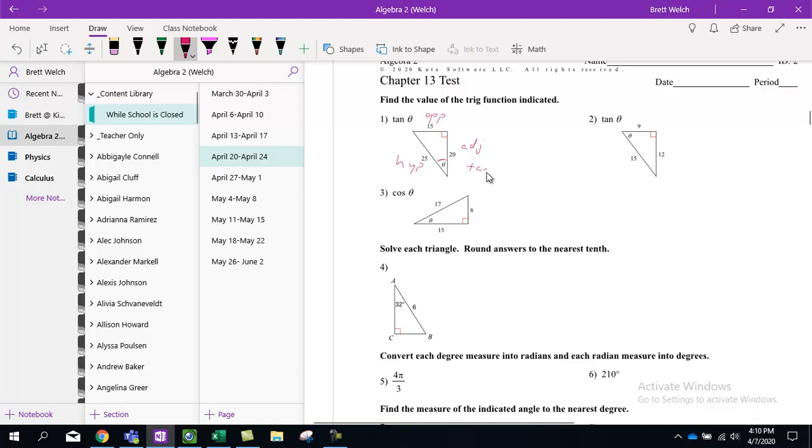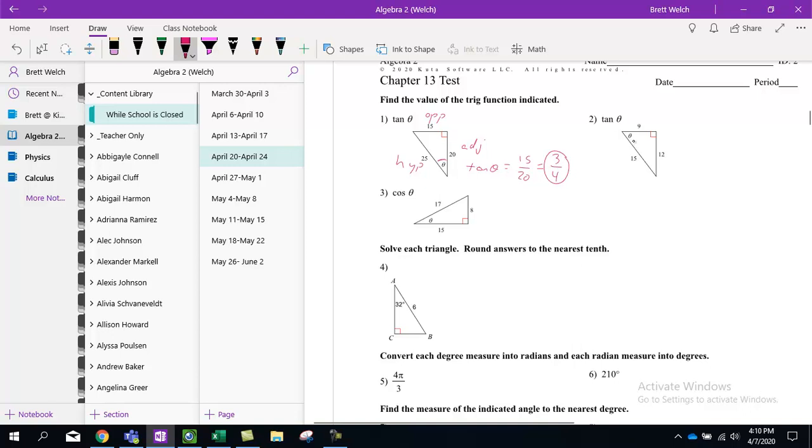So the tangent of theta in this problem would be the opposite, 15, over the adjacent, 20. I do expect you to remember that the sine is opposite over hypotenuse, cosine is adjacent over hypotenuse, and tangent is opposite over adjacent. Now, when they reduce, you should reduce. These both divide by 5, producing 3 over 4.